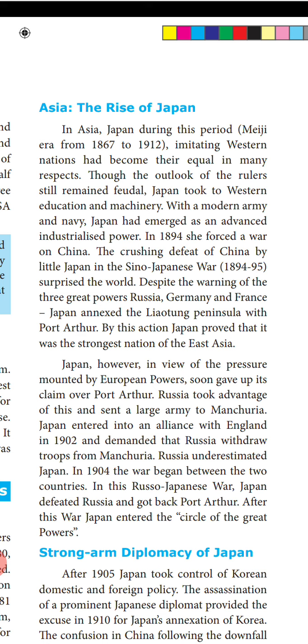The war between Russia and Japan is called the Russo-Japanese War; with China and Japan, it is the Sino-Japanese War. Japan defeated Russia, the biggest country, and got back Port Arthur. After this war, Japan entered the circle of the great powers.